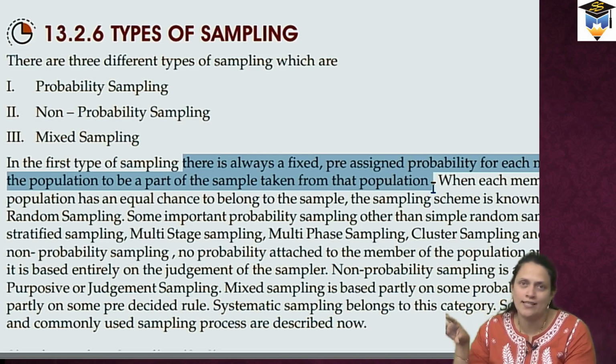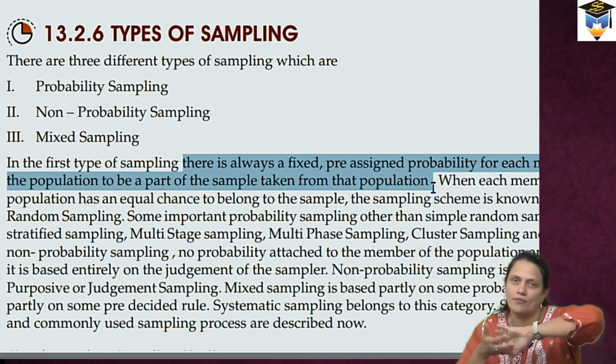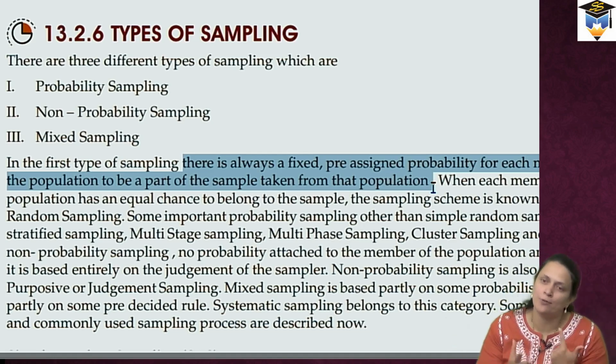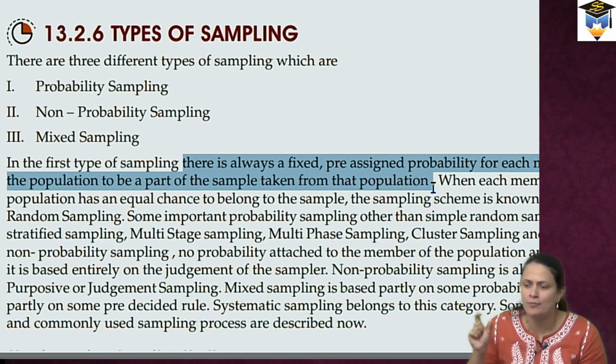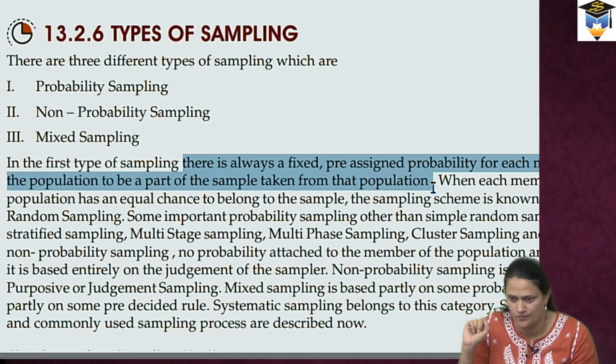As we have already seen, there was a probability attached to each and every unit in the previous example. So that is an example of probability sampling. A probability is already assigned for each member of the population to be a part of the sample that is taken.